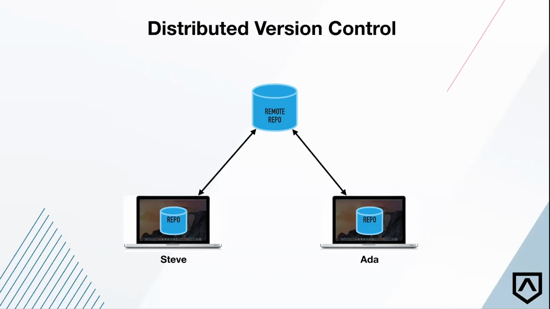People will often run into conflicts where they've both been working on the same file, and when they both try to push their changes to the remote repository, the remote doesn't know which changes it should accept because both developers are trying to work on the same thing. We'll talk about how to manage that later, but that is a potential downfall with distributed version control.